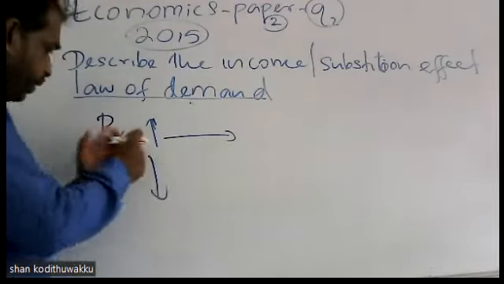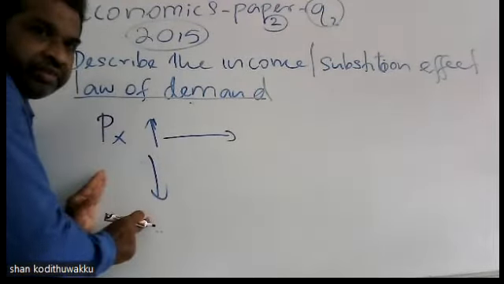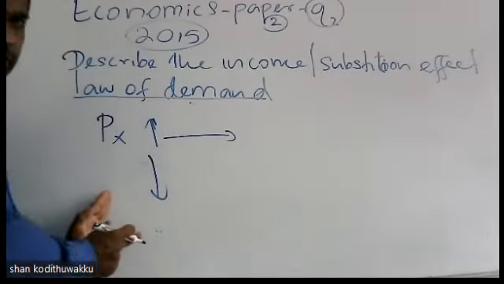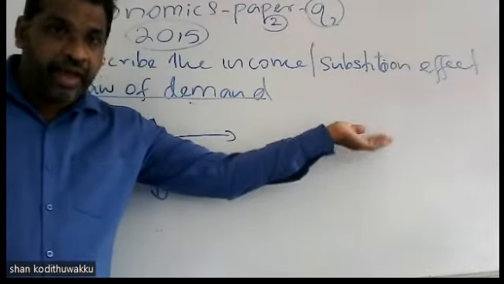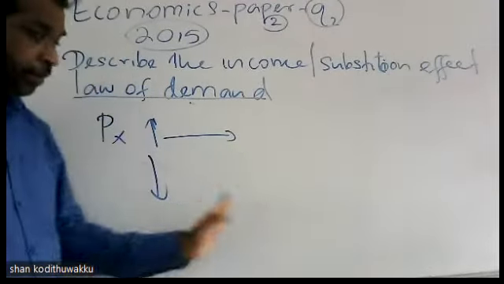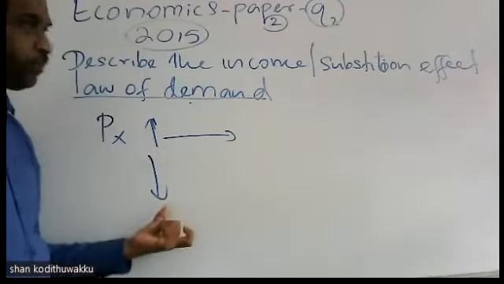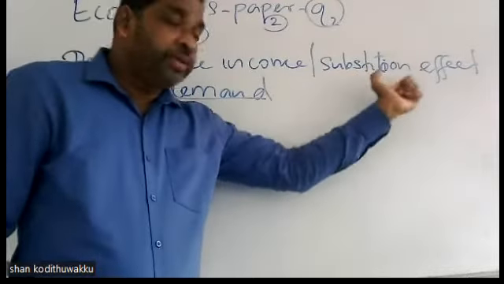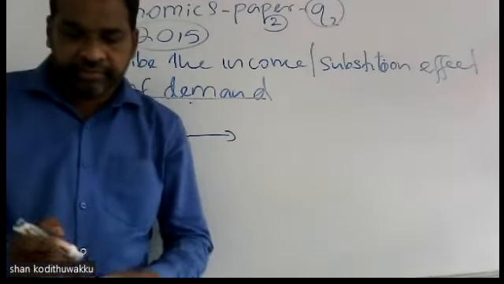The other way around, when the price of our concerned product decreases, people will buy more and more of it because the prices of other substitutes will be higher. Therefore, they will leave those products and come to buy our concerned product. That is how we can explain the income and substitution effect.